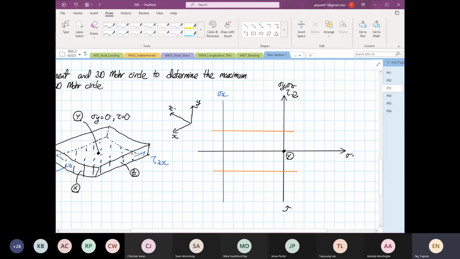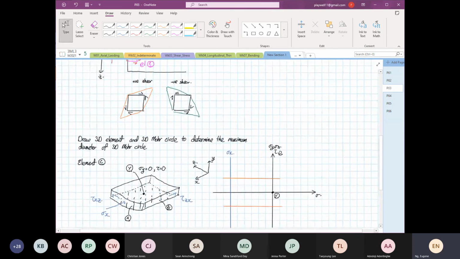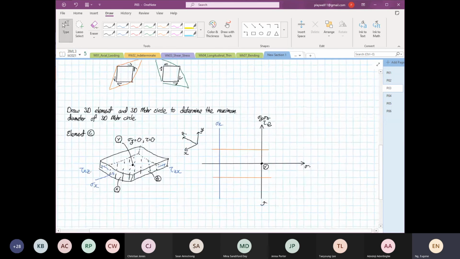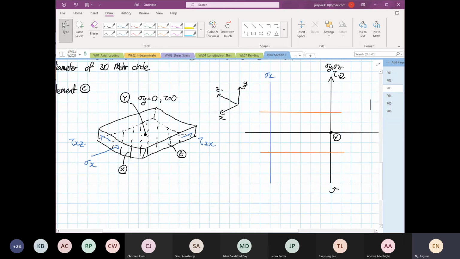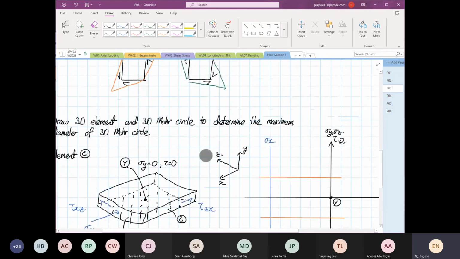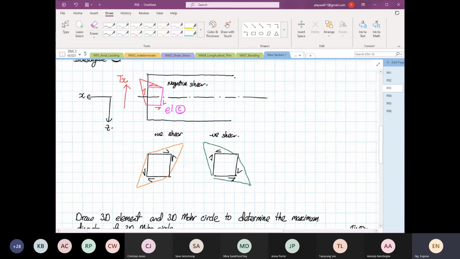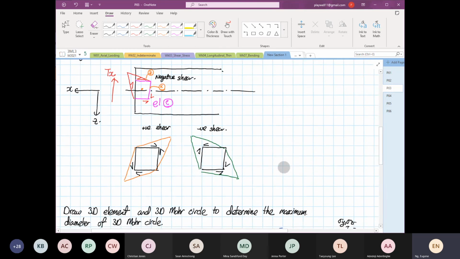So if you look at your 2D orientation down here, to do this you have to bring it back and view from here now. So this is your point Z, this is your point X. Your point Z is doing an anti-clockwise rotation.